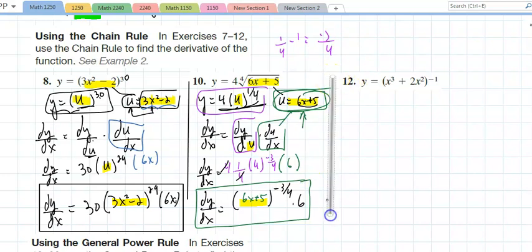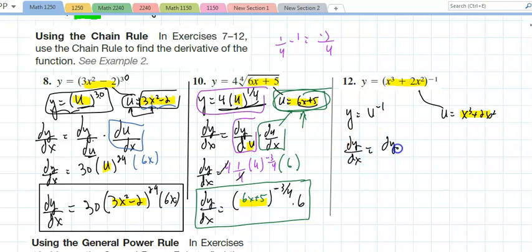If I look at the last problem, the same deal happens. I'm looking at this and thinking, okay, there's a power function. I'm going to let u equal the inside of the power function. That means y must equal, if I put a u there, u to the negative 1. And now if I say find dy dx, wouldn't you say y now depends on u and u depends on x?